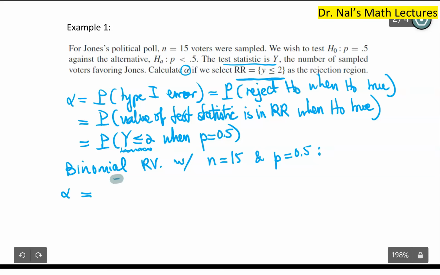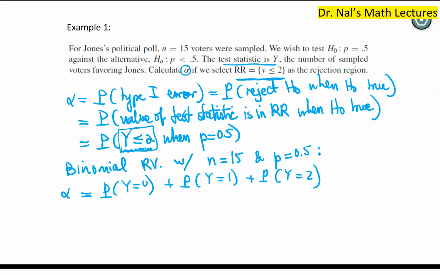It's either going to be the probability that y is equal to 0, or the probability that y is equal to 1, or the probability that y is equal to 2. That's what we want to calculate: the probability that y will be less than or equal to 2 if p were equal to 0.5. Does that make sense?